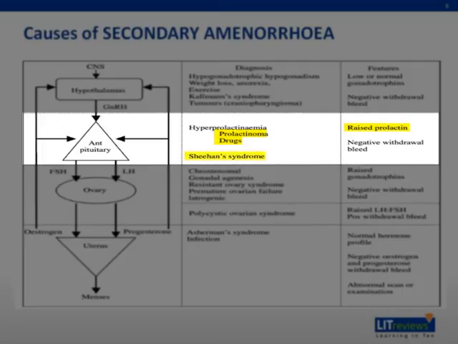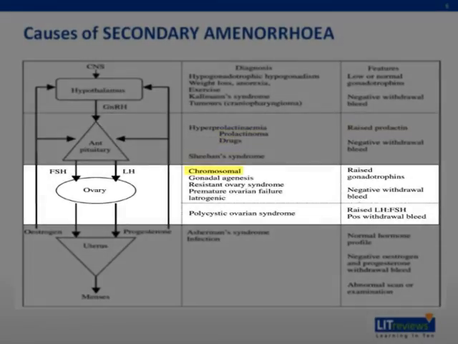In a condition known as Sheehan syndrome, there is a severe postpartum hemorrhage during delivery. This could cause necrosis of the anterior pituitary because the pituitary is supplied by a watershed of blood vessels.